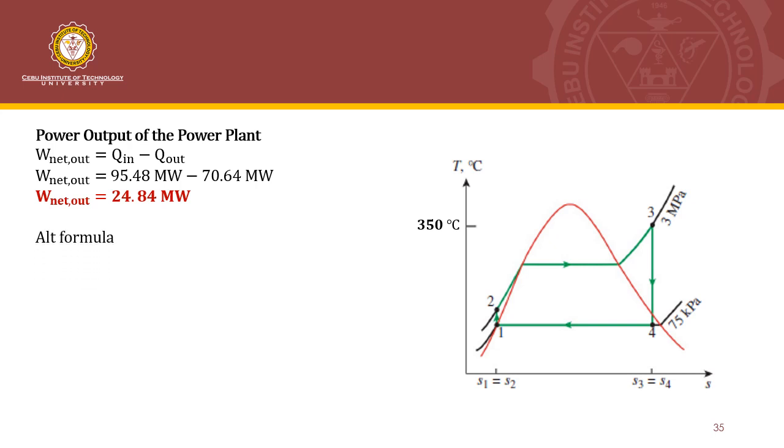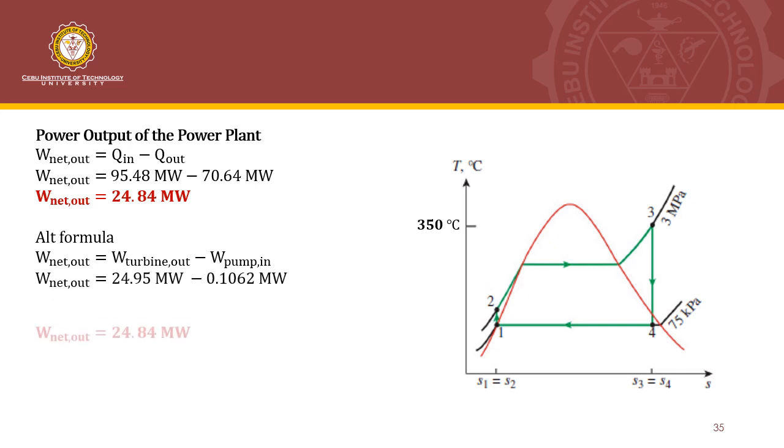We can also use the alternative formula, which is work turbine output minus the pump power input. By substituting the values of those, we can also find that they are just the same as the first formula. So you can use either of these formulas in calculating the power output of the power plant.